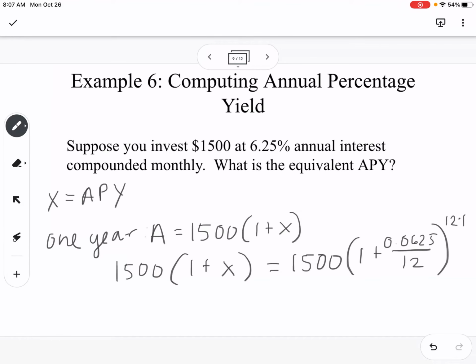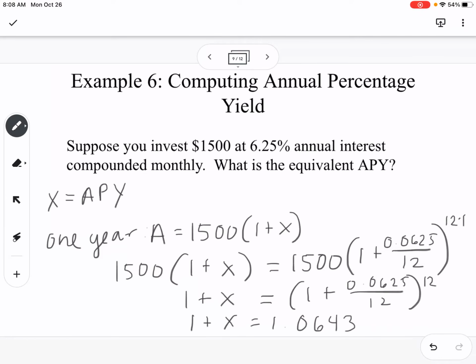That's a multiply. If we divide both sides by 1,500, we have 1 + X equals (1 + 0.0625/12) raised to the 12th power. So 1 + X equals 1.0643.